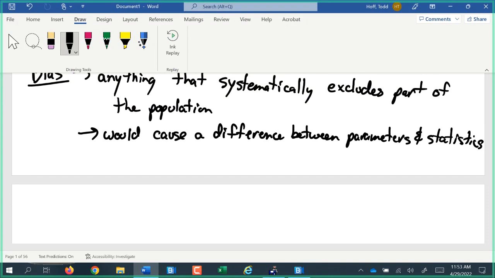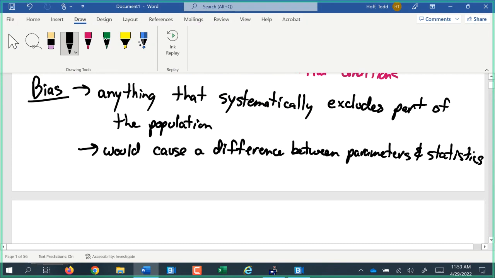So those are possibilities that introduce bias. So we have to be careful how we select our samples, how we word our questions or design our studies, or how we even go about gathering the information, doing it in private so a person doesn't have their peers looking on as we ask them questions and things like that.